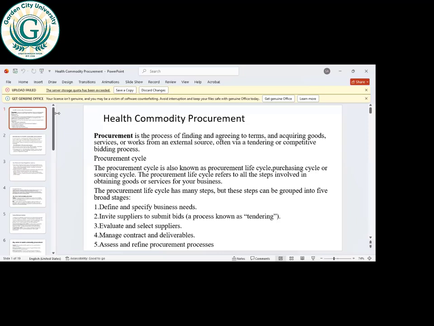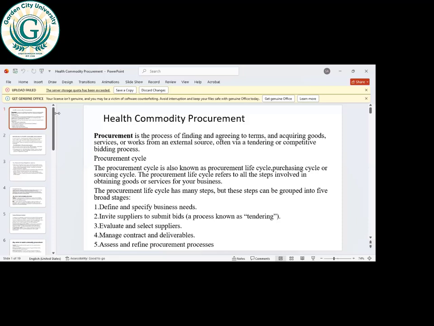Then for the fifth, the last point, you talk of to assess and refine procurement processes. Every procurement process has its own challenges. So you sit down, you look at the process as to where there are challenges, you try to bring in variations, you try to change certain things.